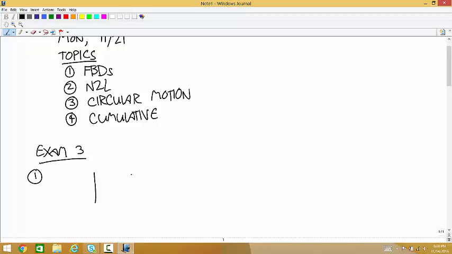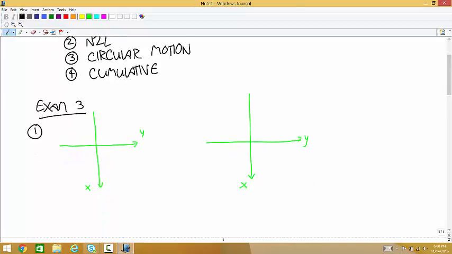The coordinate system was like this. So there's the x-axis, there's the y-axis. And the vectors, there was one that made a 40-degree angle and had a magnitude of 10.